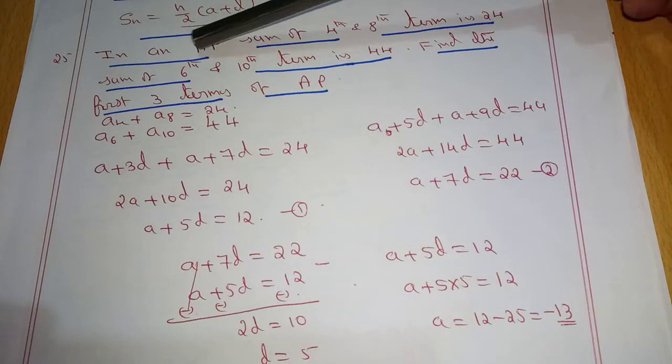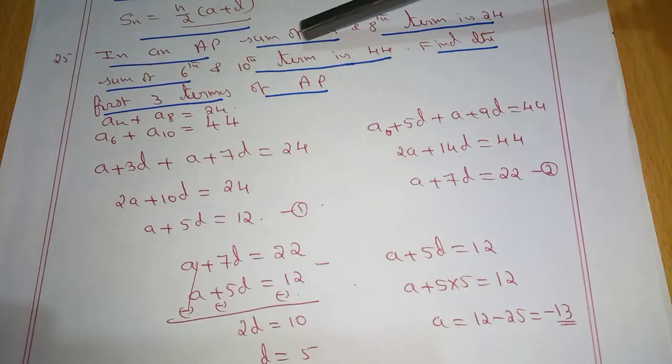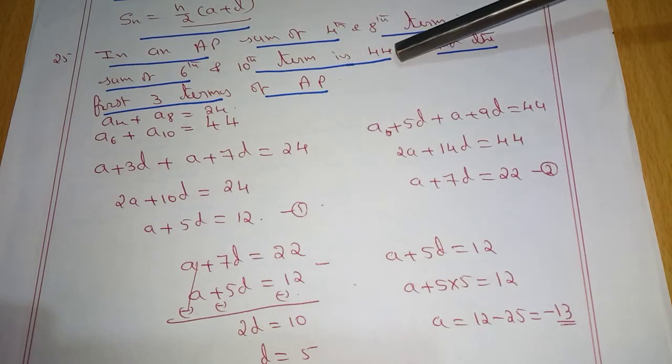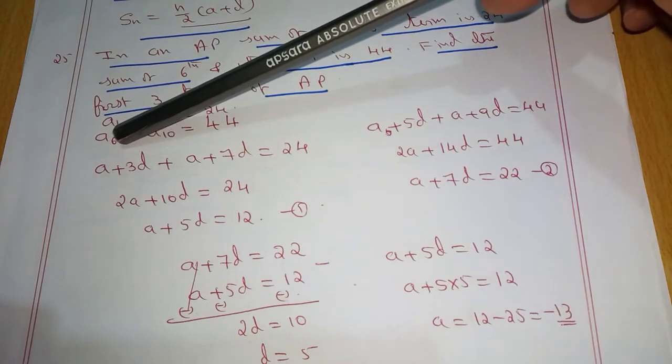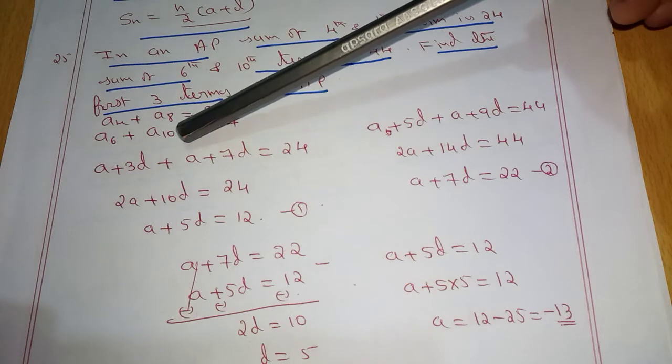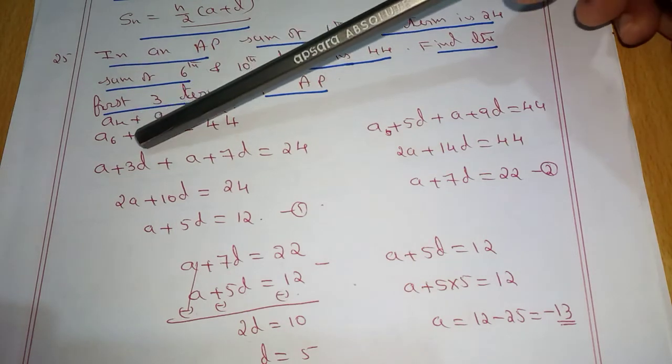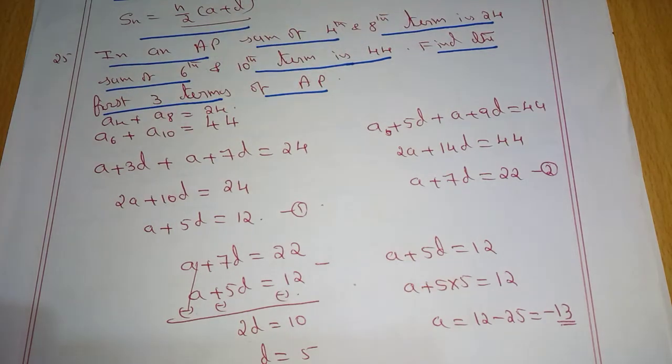Can we write the second relation? The sum of the sixth and tenth terms is 44. How do you write the sixth term? A6, the tenth term A10, and sum means plus: A6 plus A10 is equal to 44.